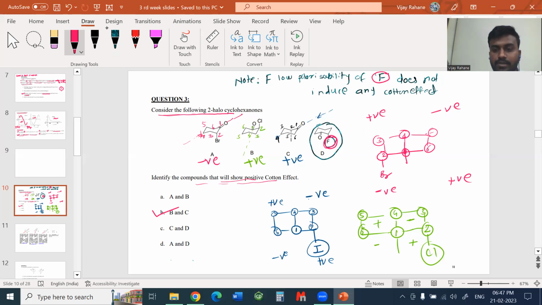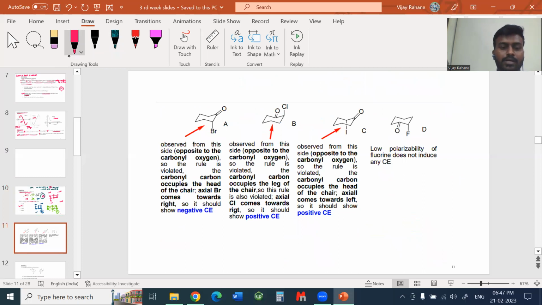And D doesn't show any Cotton effect because fluorine doesn't induce any Cotton effect because of its low polarizability. Right, here I have given some explanation. I will attach these slides in the drive also, so you can read this content as well.